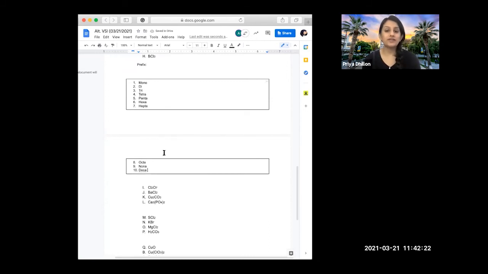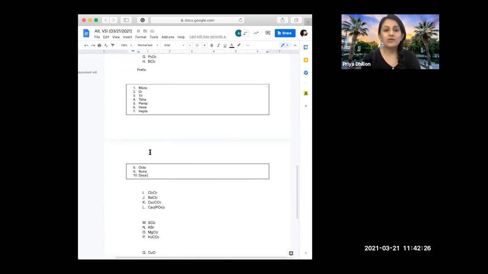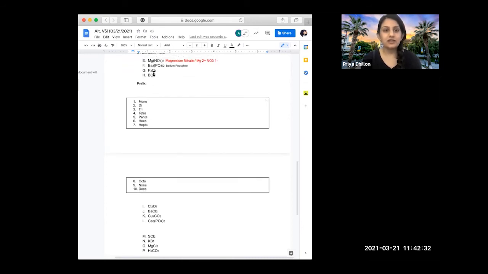You have to know these prefixes for when you're writing the formulas. So here, when you see P2, you will put di. And when you're seeing 5, you will put penta right here. So the way it works is like this: you put di, and then what is P?